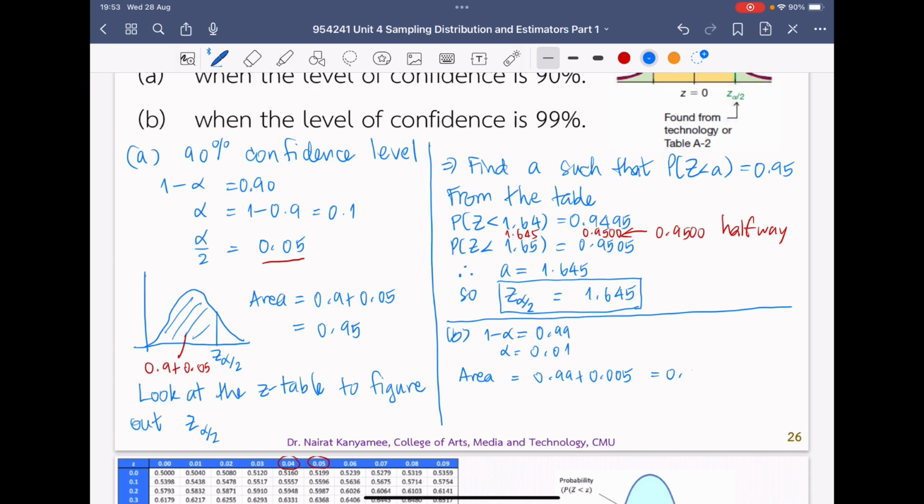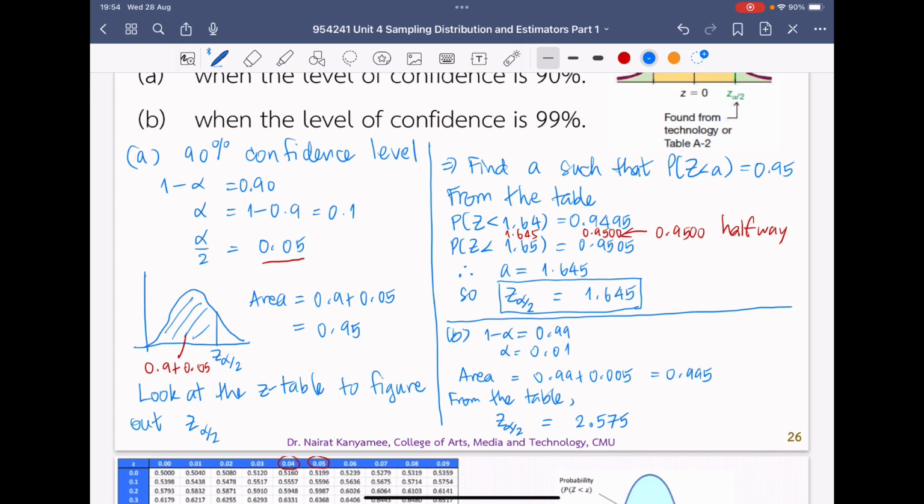So it's going to be 0.995, and look in the table. We have z alpha over 2 is 2.575.